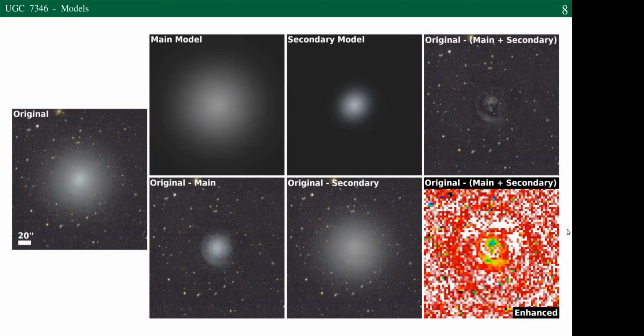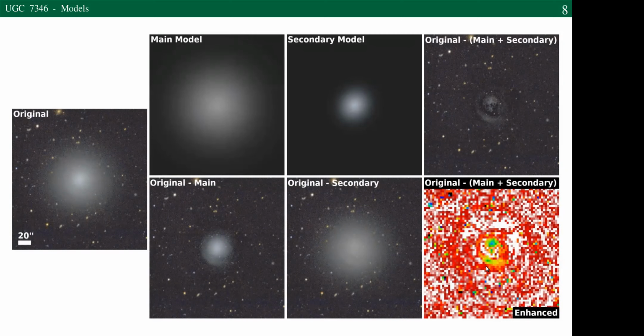I also show here an enhanced image in false color after binning the image, obtaining a much higher signal to noise of the residual after subtracting this model. As you can see, there are a lot of structures going on there, and you can see the presence of some streams or shells that are peculiar, and that suggests that indeed there is an interaction going on there.